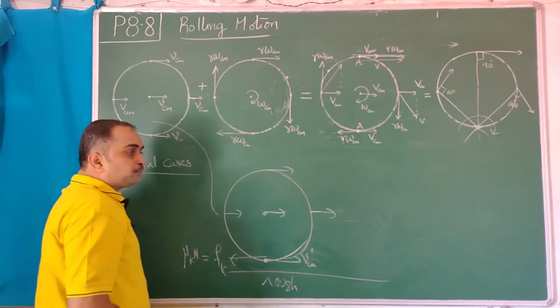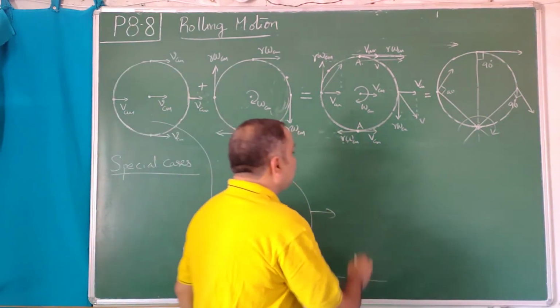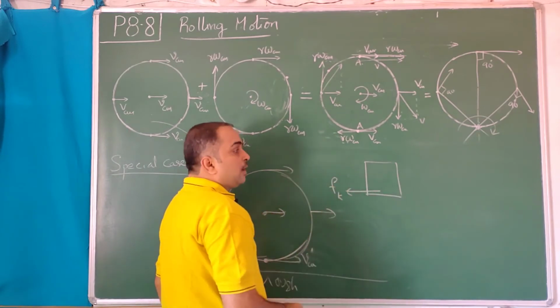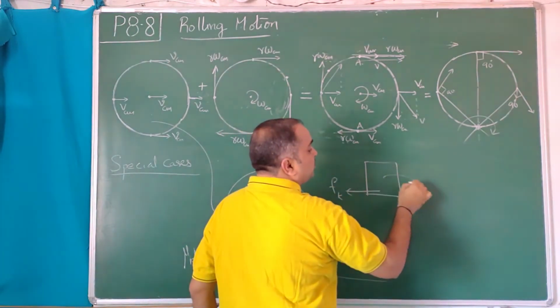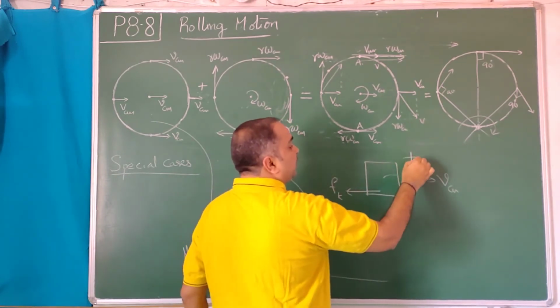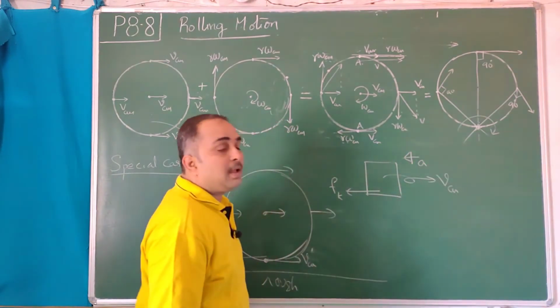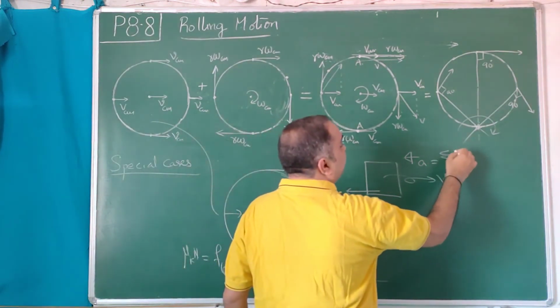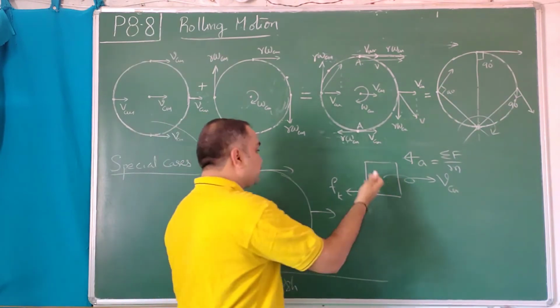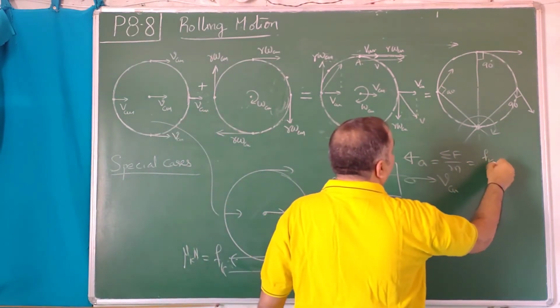If you have an object with a velocity and there is friction, what happens? This friction will create retardation a, and a will be equal to sigma F by m, net force on the object by mass, where the net force is only the frictional force, Fk by m.